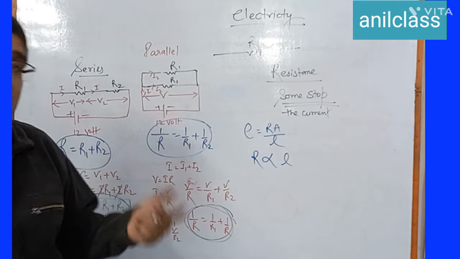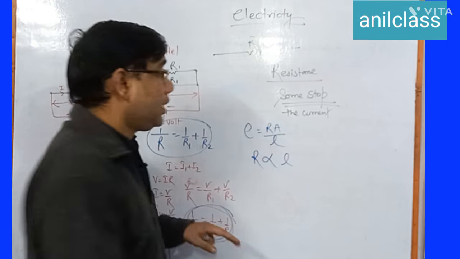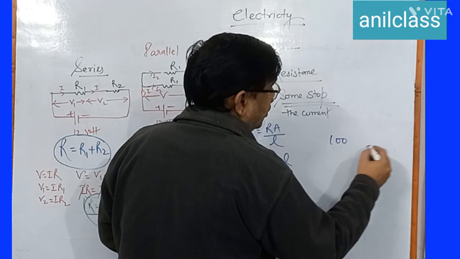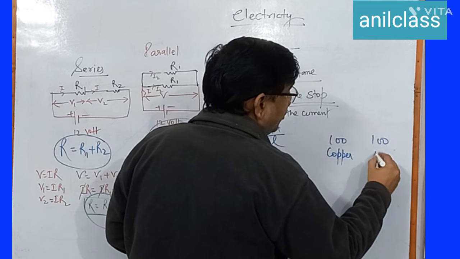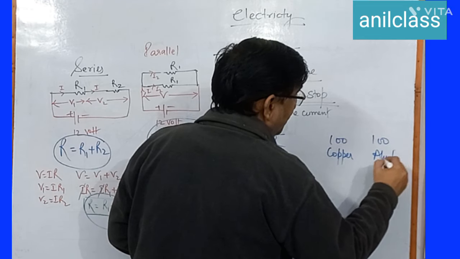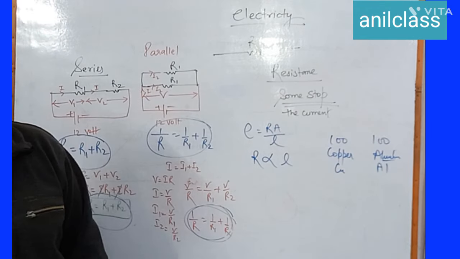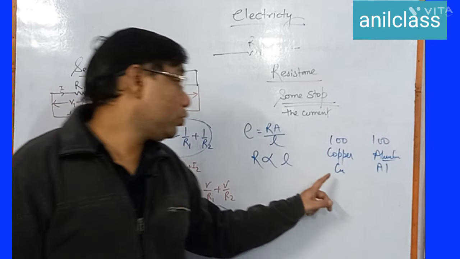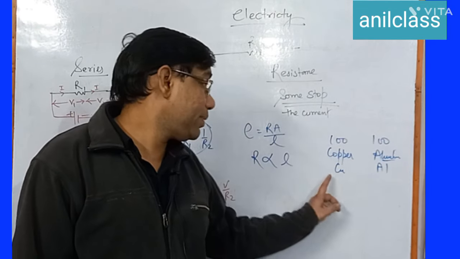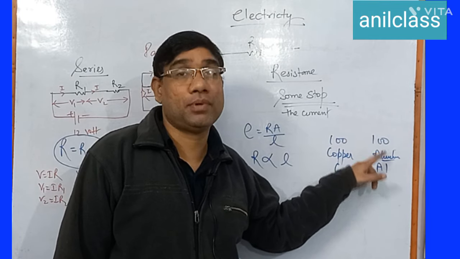Suppose you take wires of 100 meters, one copper and the other aluminum, and both wires are connected to separate 100 watt bulbs.